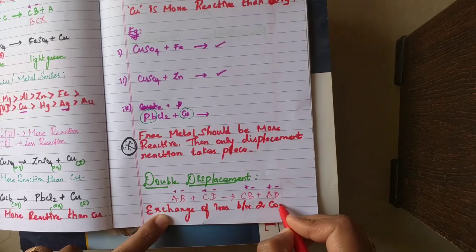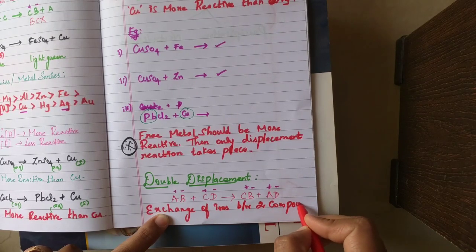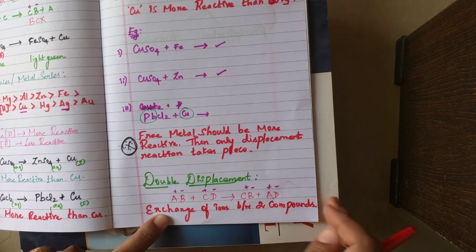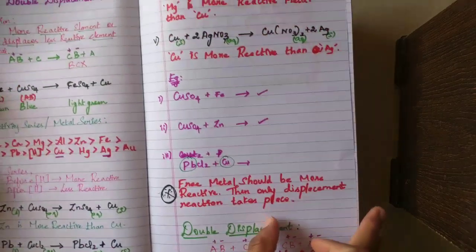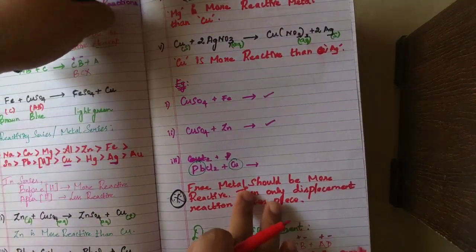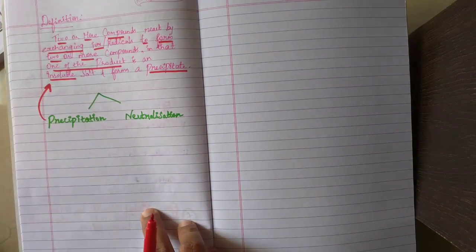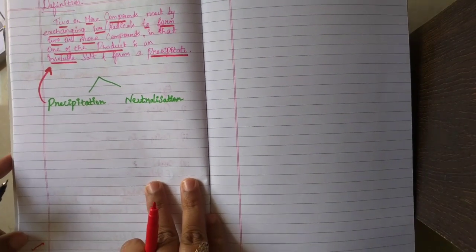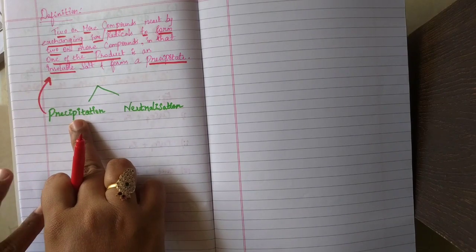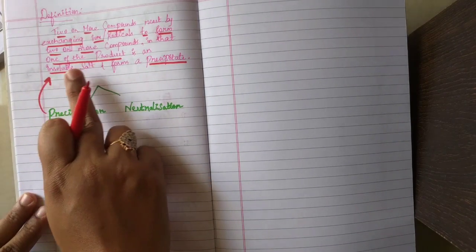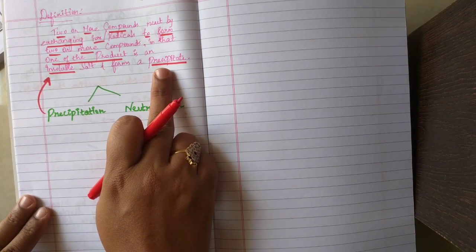In two compounds, exchanging takes place. Okay, students, this is the definition. So mostly they are asking definitions for precipitation and neutralization reaction, not for double displacement reactions. Okay. So precipitation reaction means what? One of the products is insoluble, which forms precipitate. So example for this reaction.